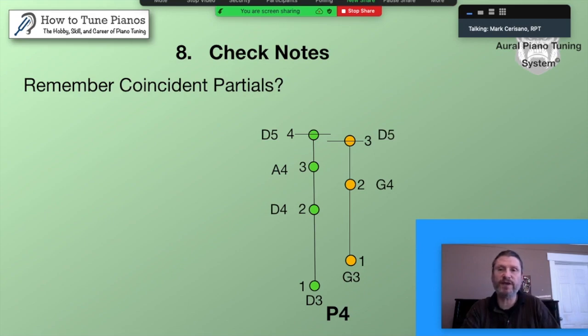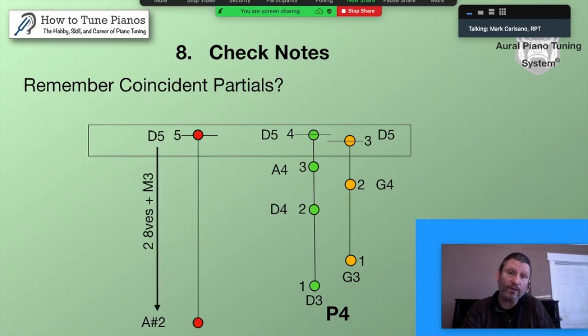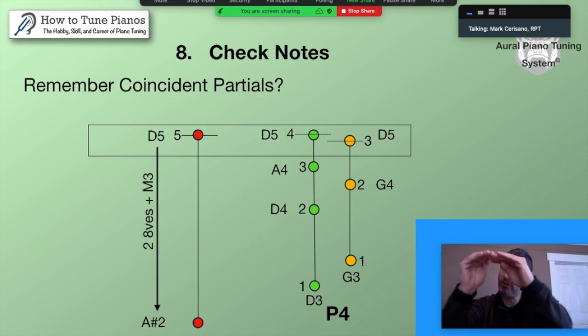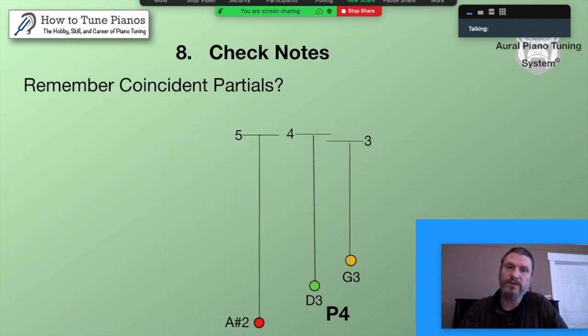Same thing with G3, D5. D5 is the coincident partial, so our check note will be D5 with the fifth partial. But what's the fundamental? To find that, all we have to do is go down 2 octaves in a major third. You go up 2 octaves in a major third, you get the fifth partial. Go from the fifth partial down 2 octaves in a major third, you get the fundamental. So in this case, it's A sharp 2. Now we know our check note.